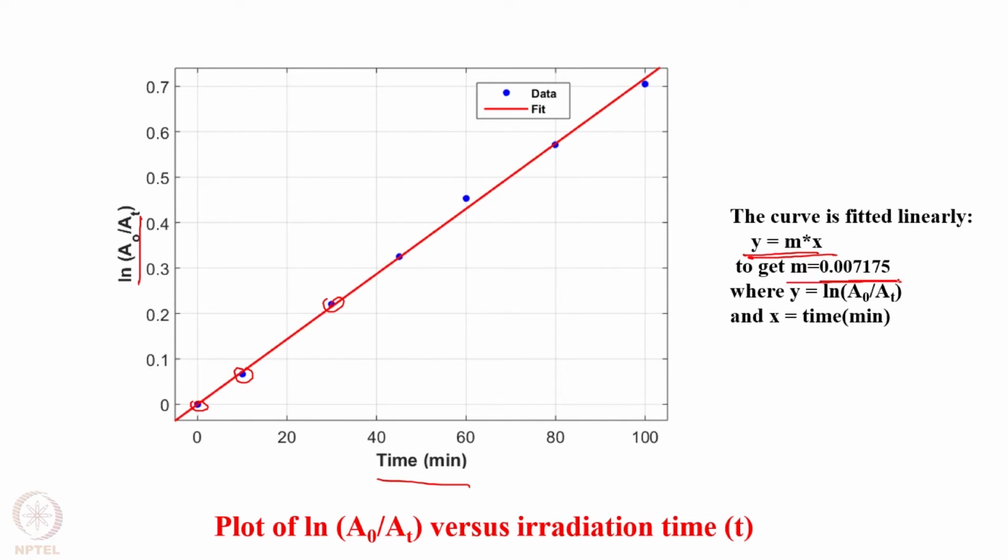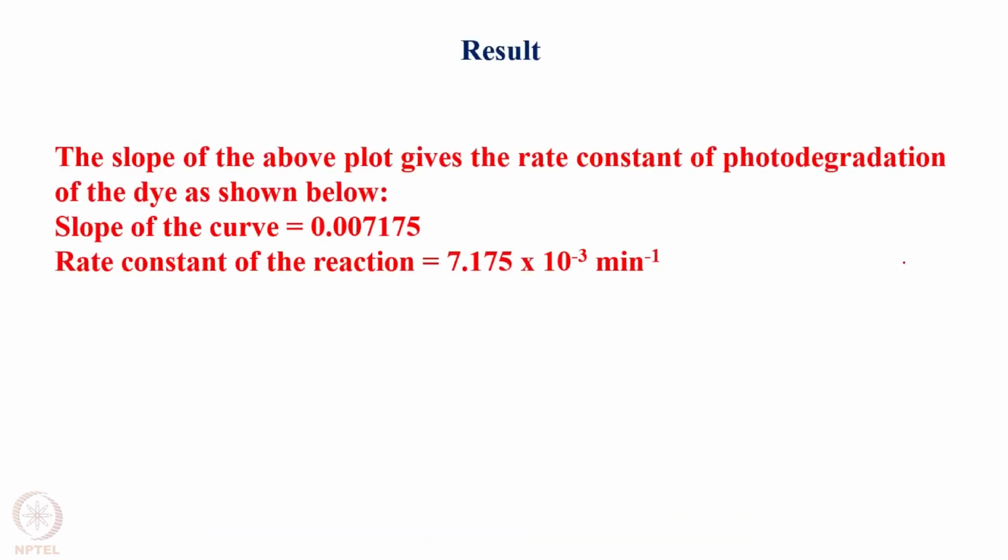The slope value that we obtain here is 0.007175. So the rate constant for this reaction, which is photodegradation of the dye, is 7.175 times 10 to the power minus 3 per minute.